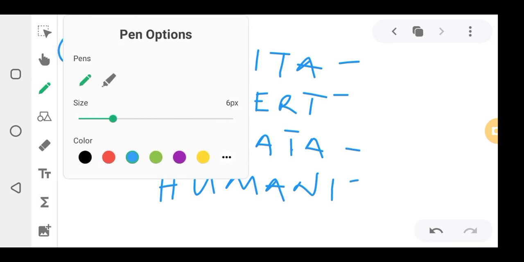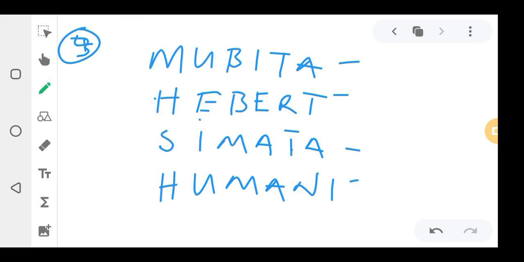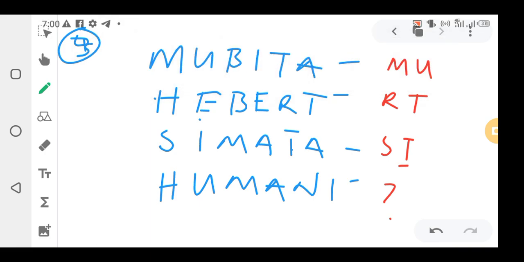Okay, look at this side now. What are we forming? Let's say we start with mu, rt, si. What about this one? You look at the pattern, guys.